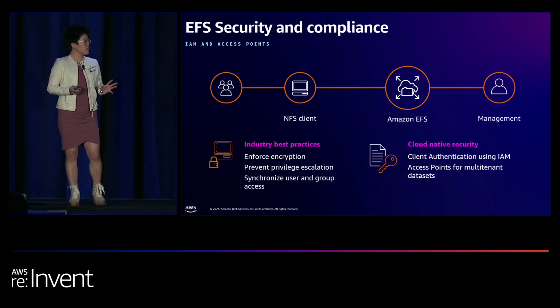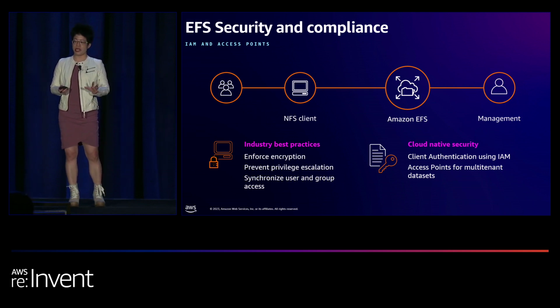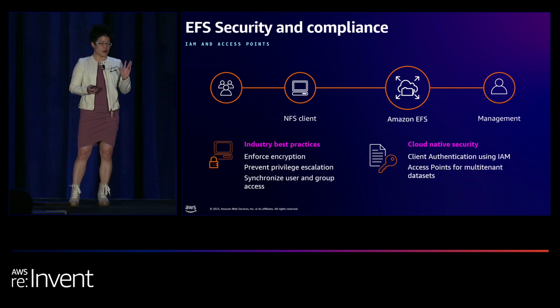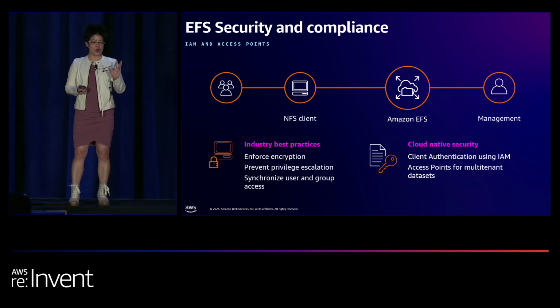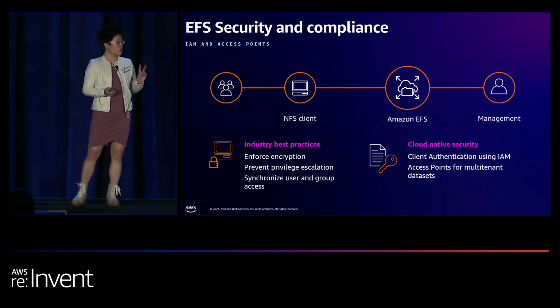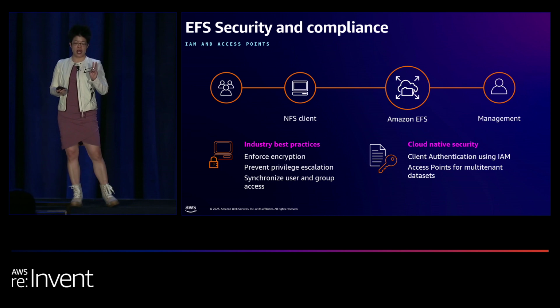So with security and compliance, there are two fundamental goals when applications are accessing shared storage. So you have to think about that your data is only accessible from a certain set of clients. So that's one. Number two is ensuring the proper credentials and permissions are provided to access specific pieces of data.